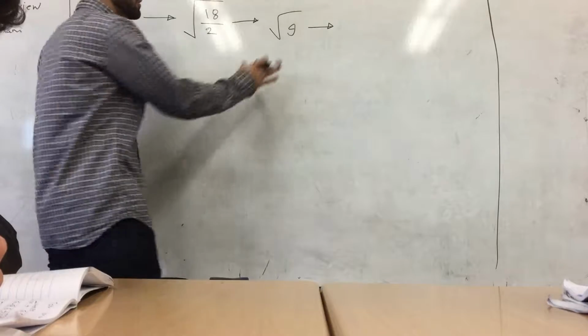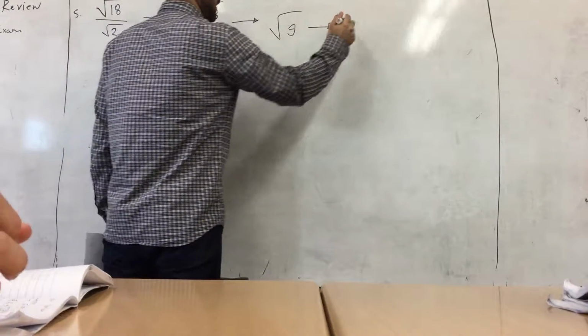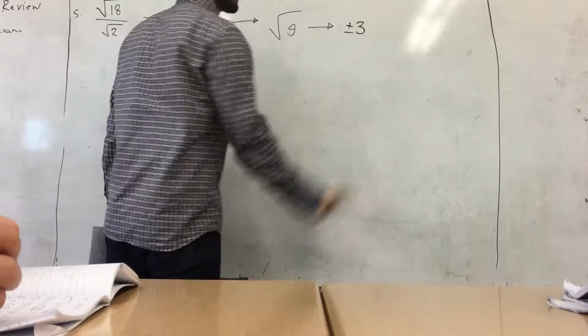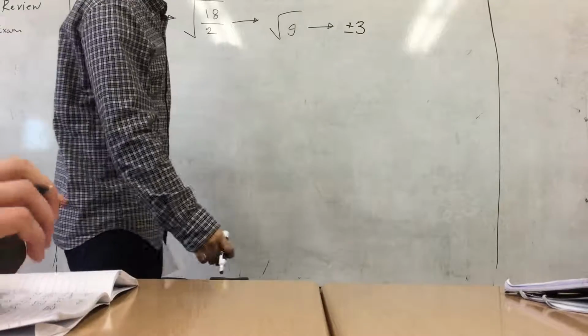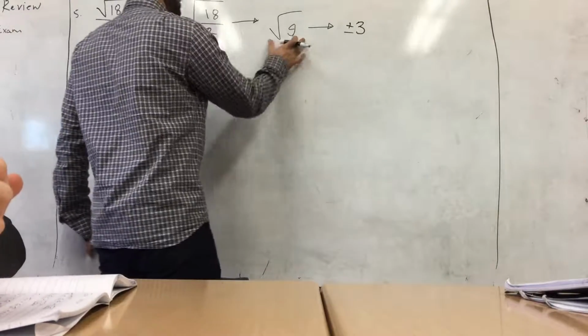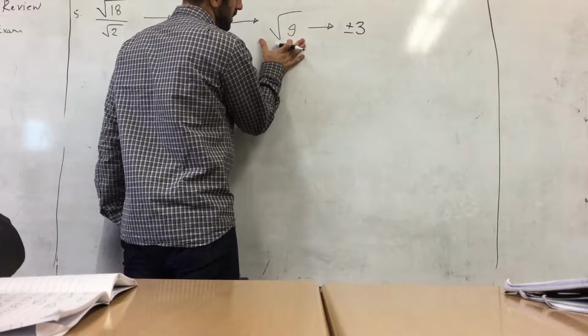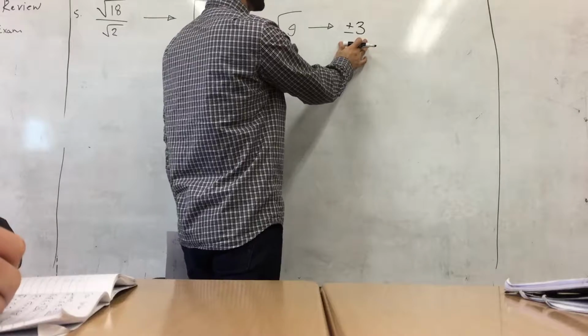3. A lot of you guys before would leave it as this. Don't forget the plus and minus, because it can be negative 3 and positive 3, right? You have to write plus and minus. If you get down to something like this and you write just 3, I'm going to take half a point off.